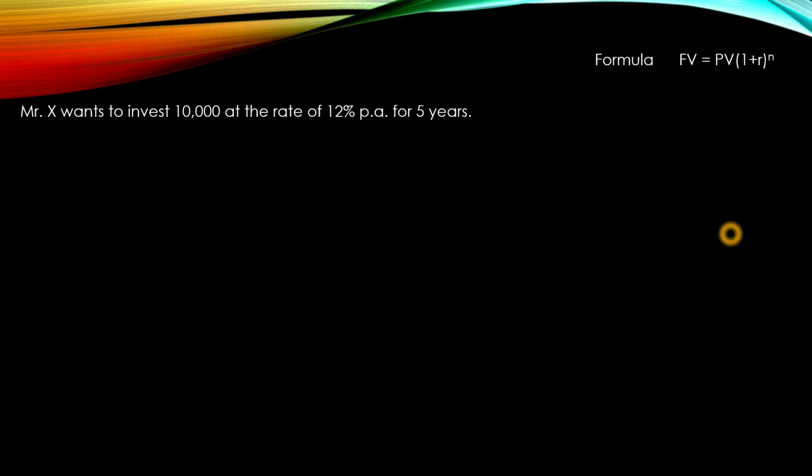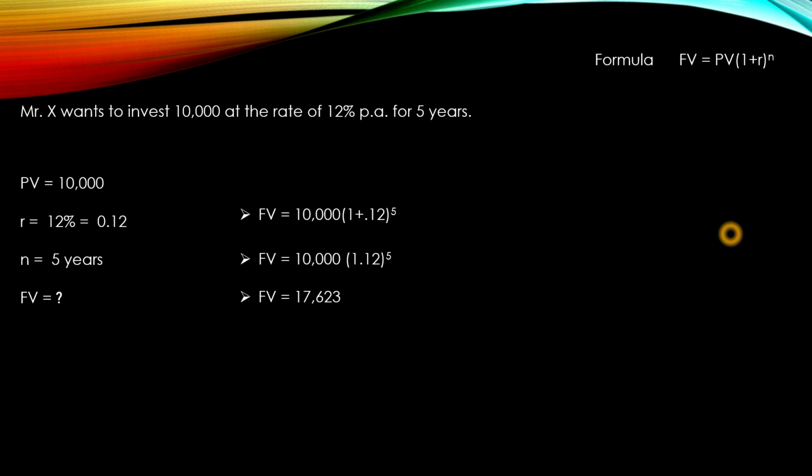Now let's calculate the future value. We are given present value 10,000, r is 12% and time is 5 years. Put all this in the formula and by solving we will get 17,623 rupees. It means he will receive 17,623 after 5 years if he invests in a bank.